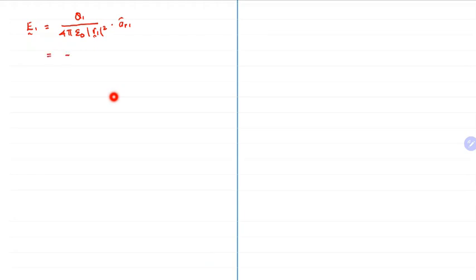Q1 is -0.2 nanocoulombs over 4 pi. Epsilon naught is 8.854 times 10 to the minus 12.